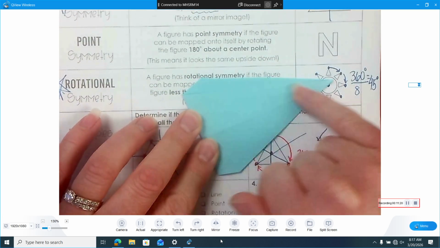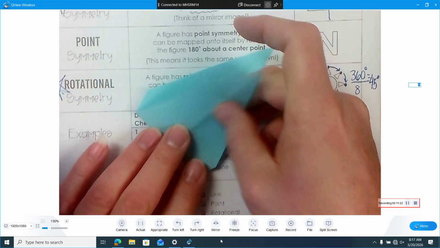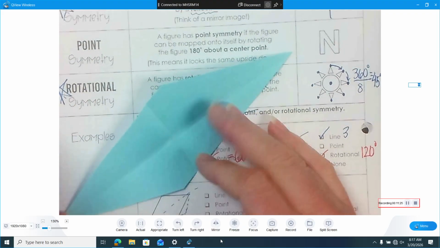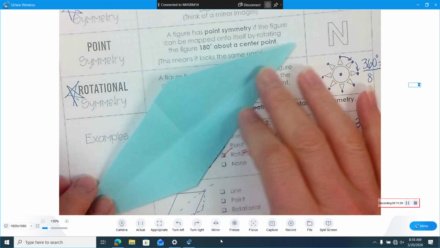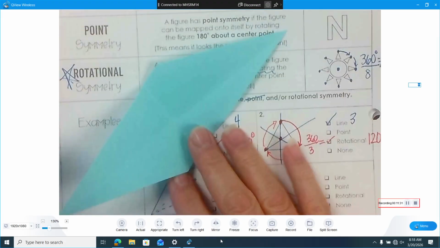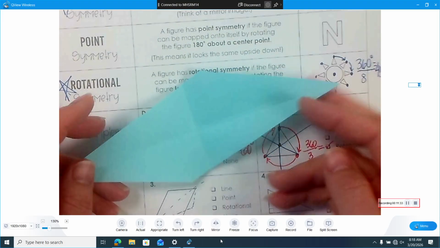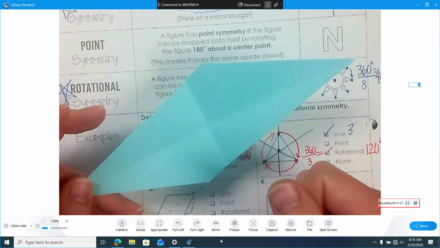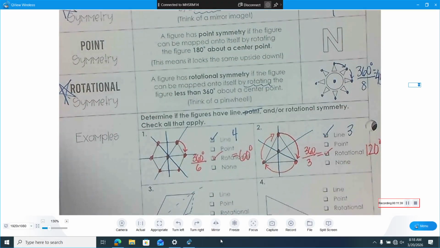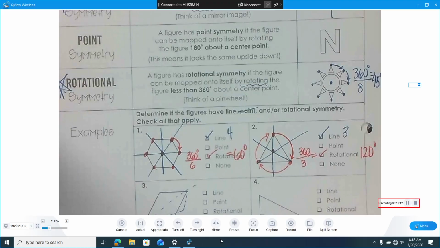It doesn't match up with itself. So you can see that doesn't quite work. So that one doesn't have any line symmetry. Okay. Takes a little bit to figure that out. So it does not have line symmetry because it wouldn't fold onto itself, okay?